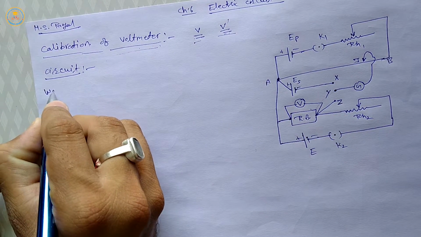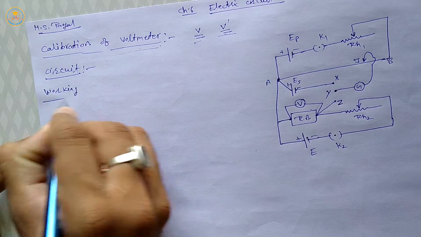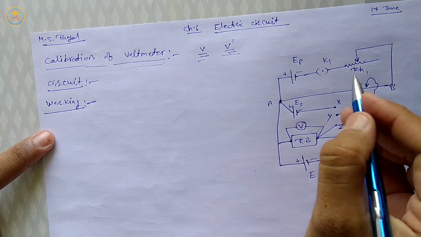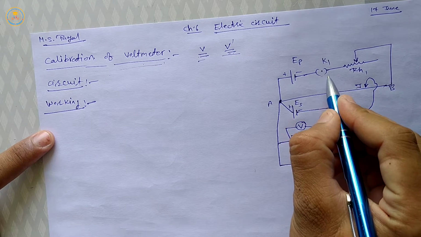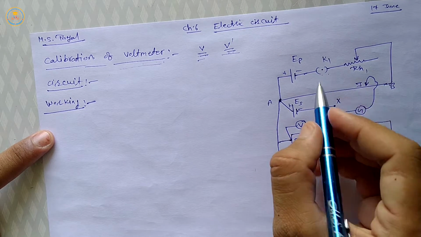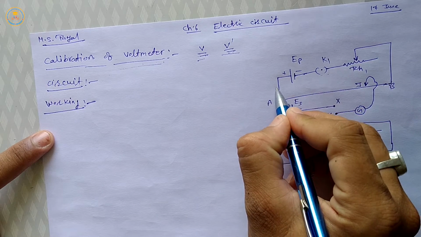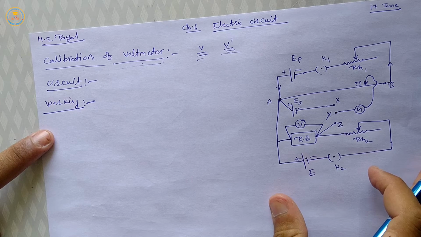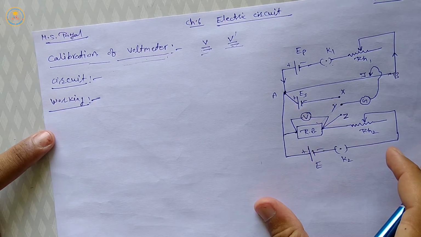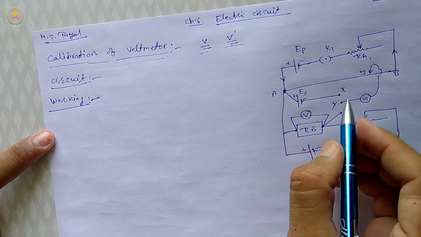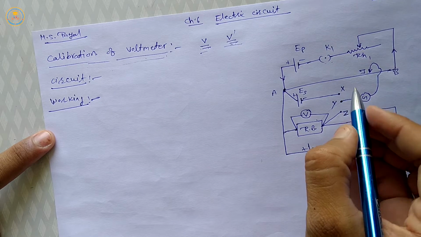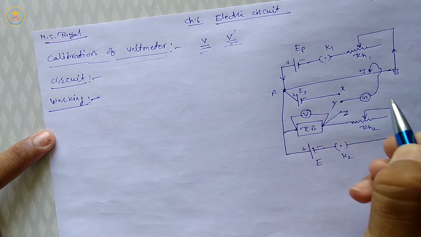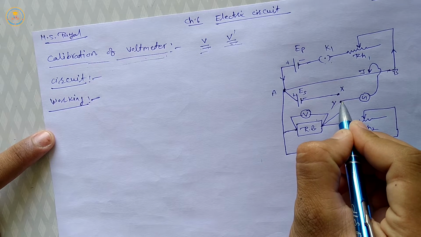Now, working of this application. Firstly, we close this key K1. Then in this situation, current I flows through this primary circuit. Now we insert the plug between this X and Y terminal.